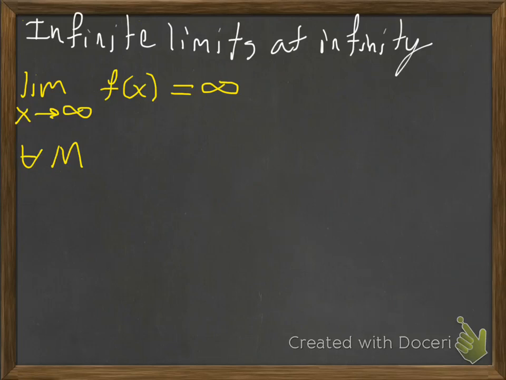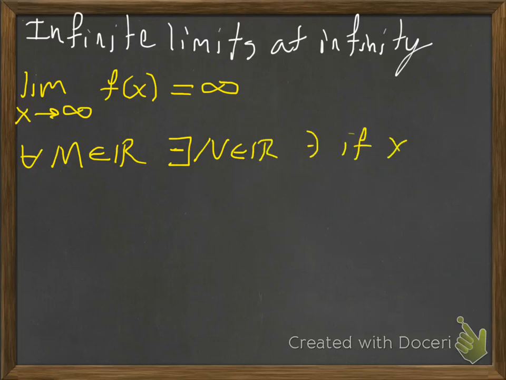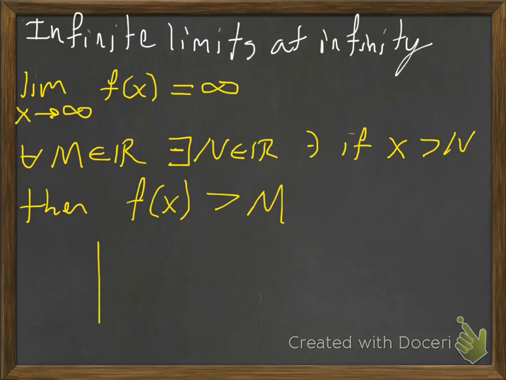It's going to explode off to positive or negative infinity, or maybe even worse than that, all over the place. Well, if we're talking about a limit, then we will say that it's either going to positive or negative infinity. So the limit as x goes to infinity of f of x is equal to infinity. That means that for every big real number m, there exists another real number n such that if x is larger than this number n, then f of x is going to be larger than m.